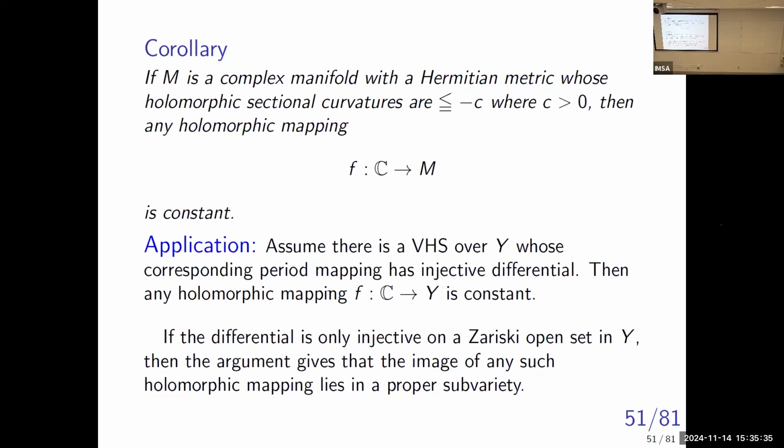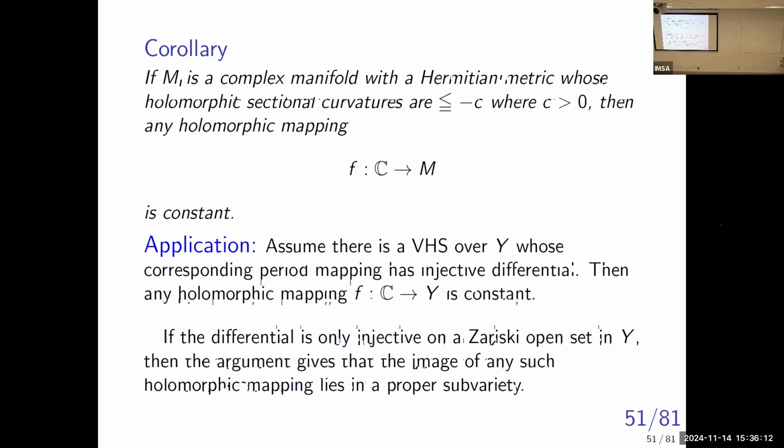So the standard corollary is if you have a complex manifold with a Hermitian metric whose holomorphic sectional curvatures are negative, bounded from above, then any holomorphic map from C into M, any entire holomorphic map, is constant. And the application is if you have a variation of Hodge structure whose period mapping has injective differential, then any holomorphic map to the parameter space is constant.